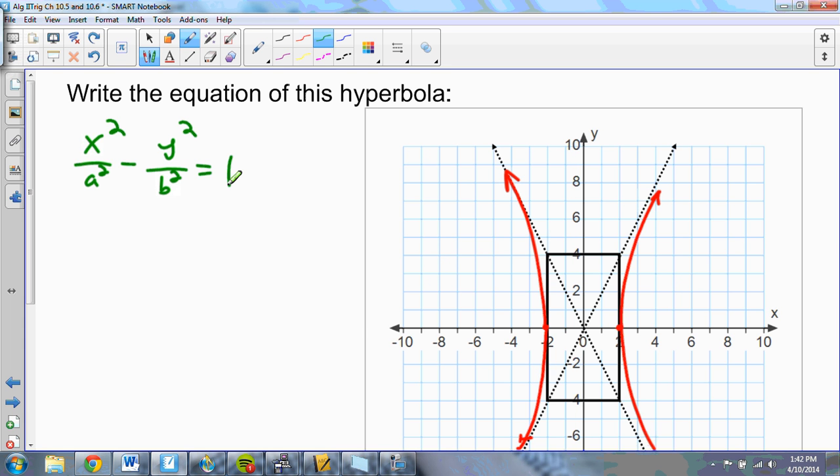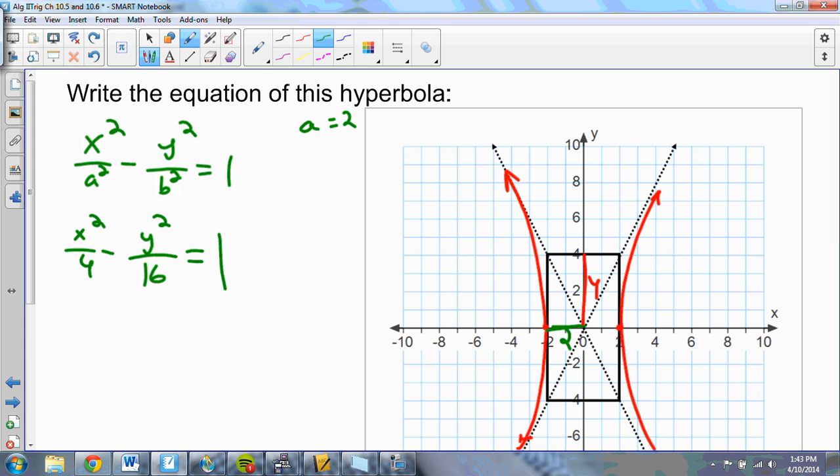The a value is now this 2, so it's x squared over 4. The b value is now this 4, y squared over 16. And that equals 1.